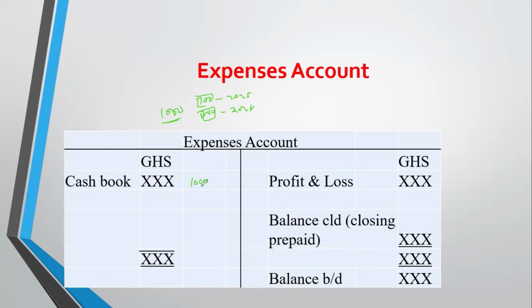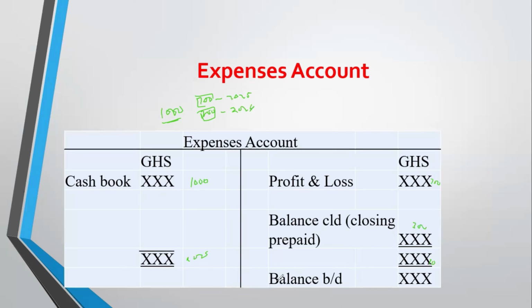So since it's not for the current year, then we have to deduct. That is the closing prepaid, the balance carried down. So we deduct the 300 by crediting the expenses account. Now we find the difference, and the difference will be 700, and that is what will go to the profit or loss account. Here will be 1,000, and here will also be 1,000.